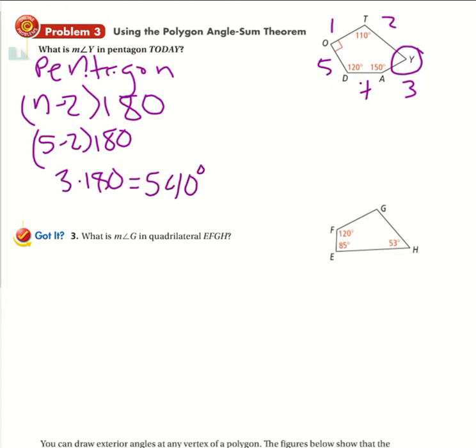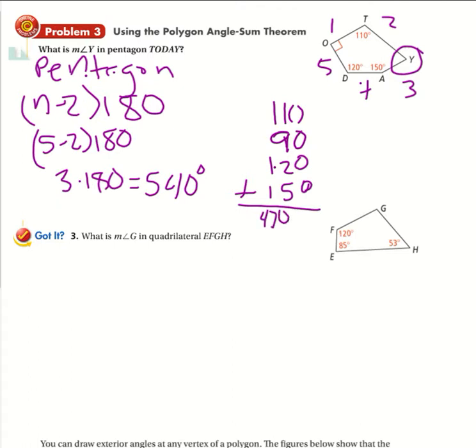So let's add up the ones we know. We know that T is 110. O has that little square box. You remember that means it's 90 degrees. D is 120. A is 150, and we don't know y. So we're going to add up all the other ones, and then we'll figure that out. If we add all those up, 110 plus 90 plus 120 plus 150 is 470.